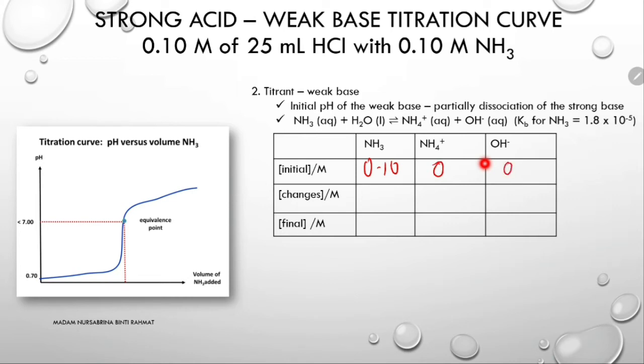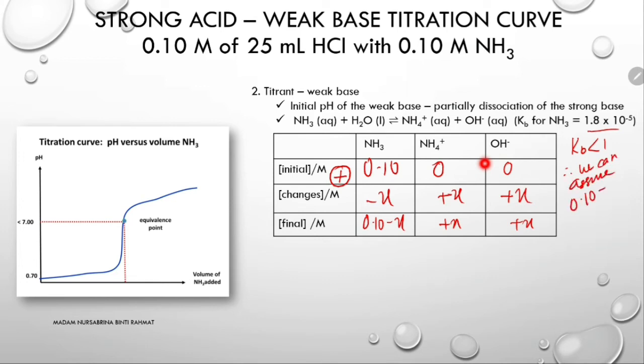The changes are in terms of X. Ammonia is being used up, so negative X, and these are going to be produced, positive X and positive X. Final is simply initial plus changes: 0.10 minus X, plus X, plus X. Since Kb is less than 1, we can assume 0.10 minus X is equivalent to 0.10. We can assume that X is too small.